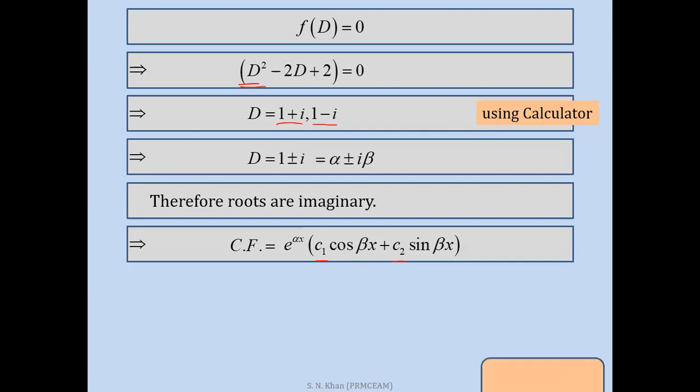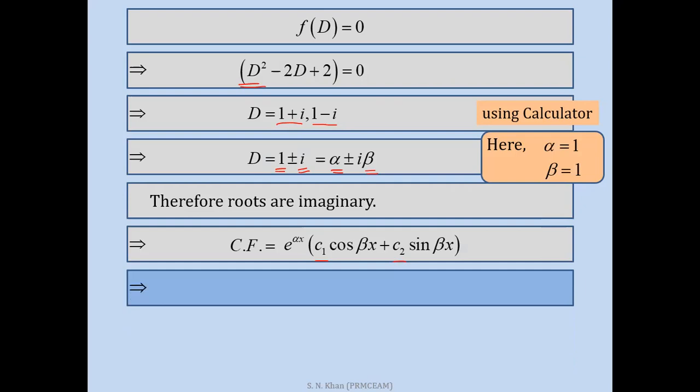So let's check what alpha is here and what beta is here. Alpha is the real part of the complex number, which is 1 here, and beta is the imaginary part, meaning the coefficient of i. The coefficient of i is also 1. So we have alpha equal to 1 and beta equal to 1. Substituting these values, here we will substitute alpha equal to 1, so it will become e to the power x.